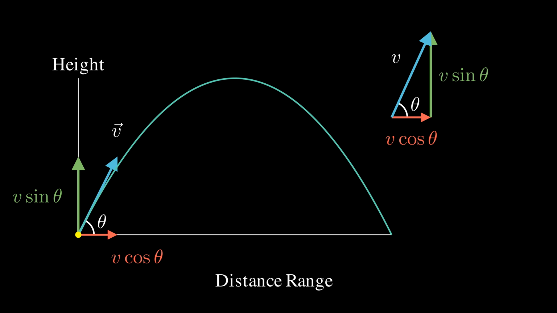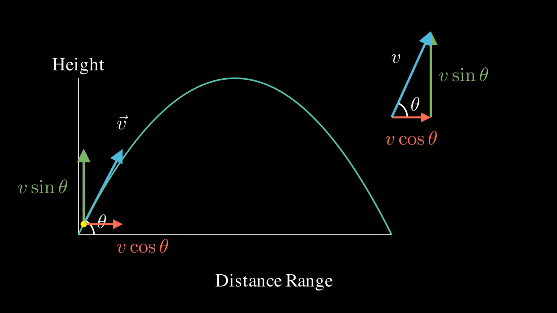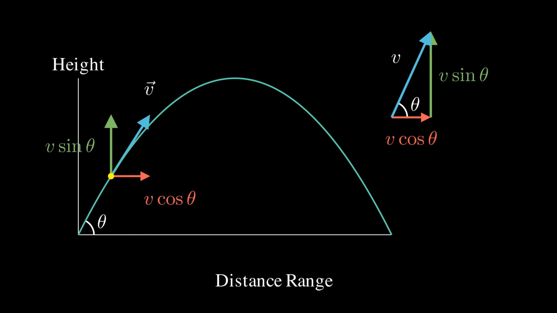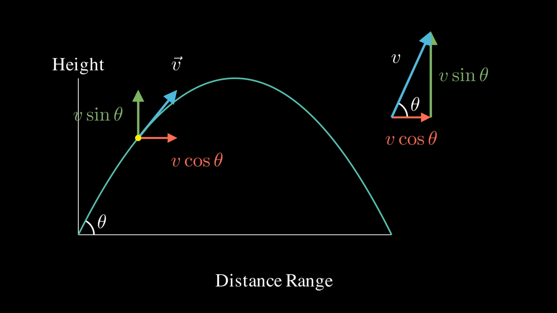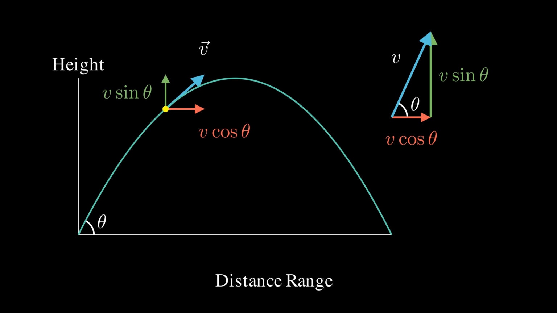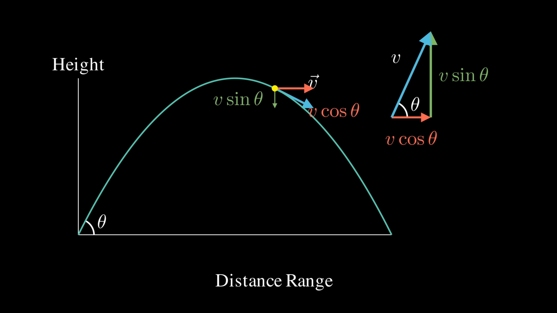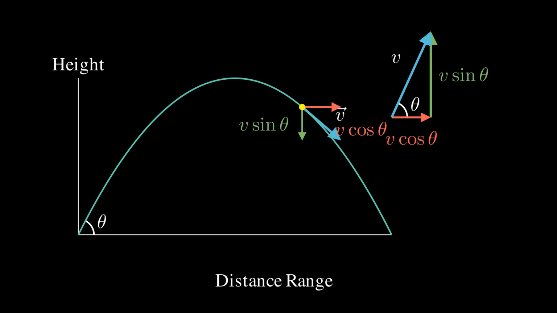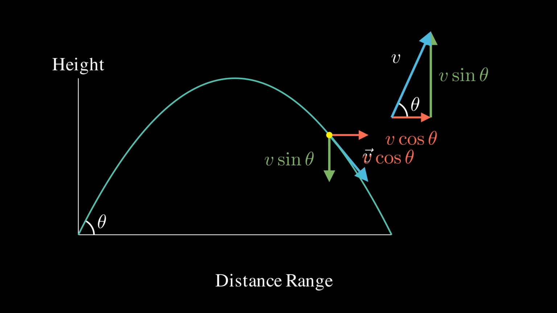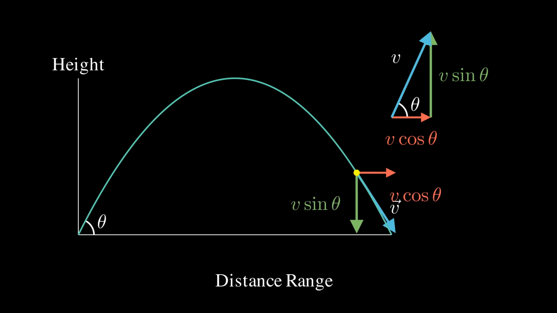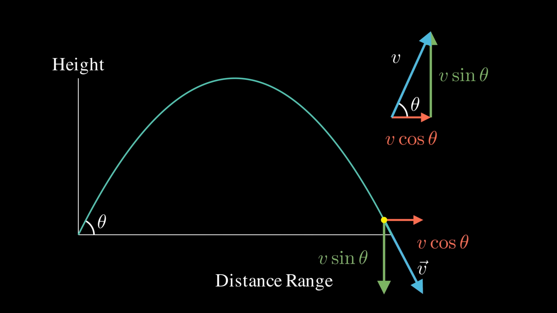Let's see the same movement again, but with resolved velocities. You can see that the horizontal red component of the velocity remains constant, and only the vertical green component of the velocity is changing. Since the vertical component was going up, it first reduces to 0 and then goes downwards because the gravitational acceleration is downwards.